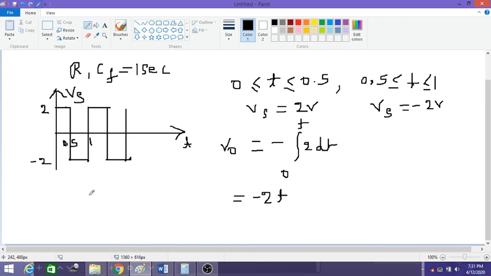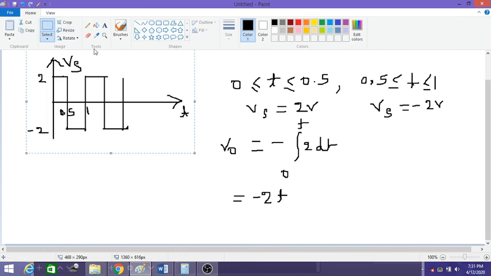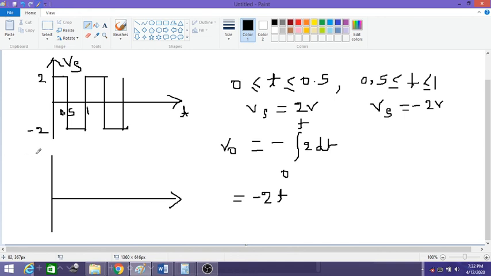So if you look into the waveform, let me delete the unnecessary section here. I'll shift this here, then the output waveform V0 is given by this. Now if we extend this, till 0.5, what do we get?